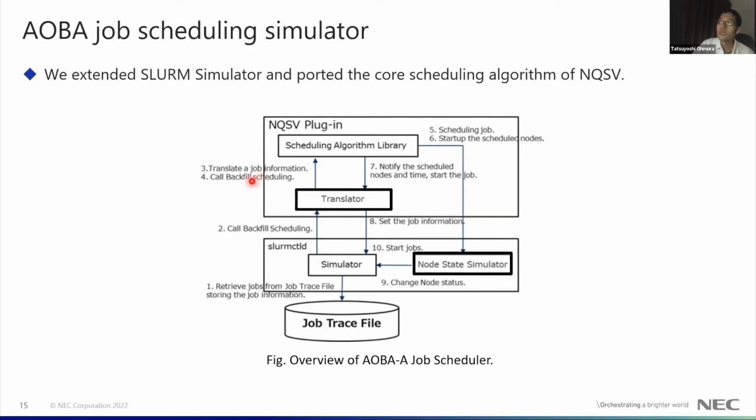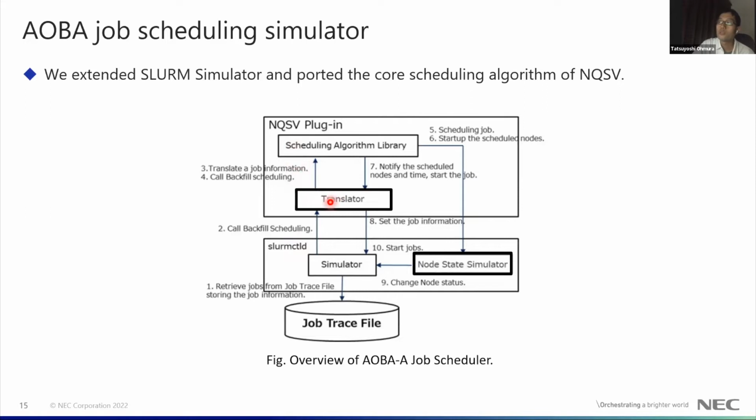We took advantage of this mechanism and developed an NQSV plugin. The plugin includes a translator module that converts the differences between SLAM and NQSV. For example, the translator converts resource usage limitations decided by SLAM at job submission to another data format used by NQSV.